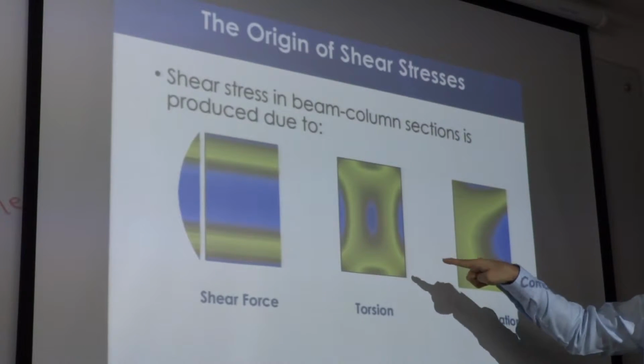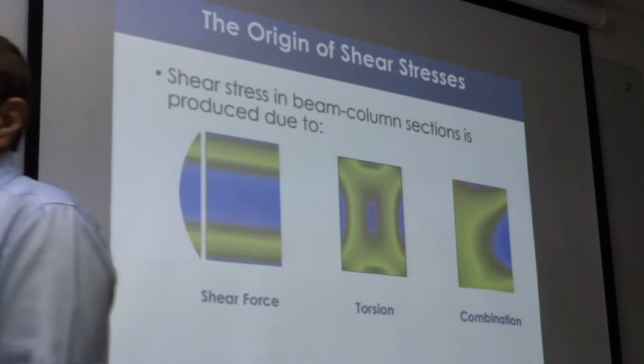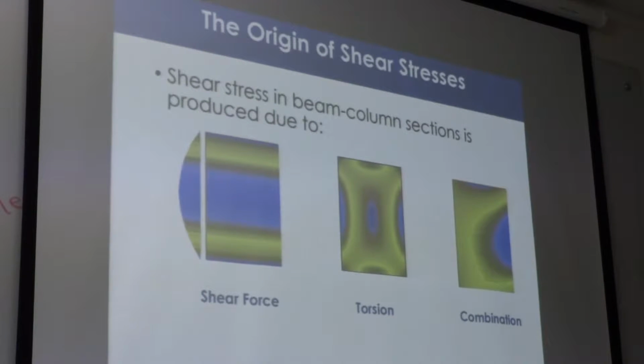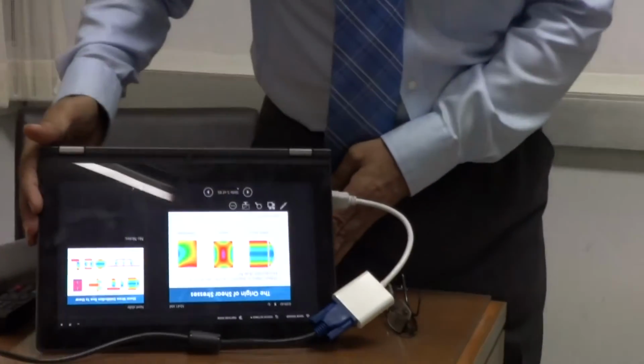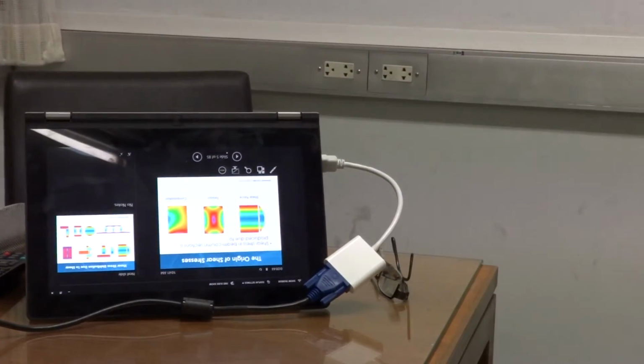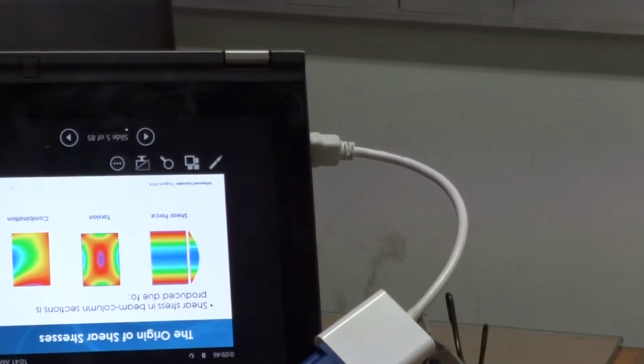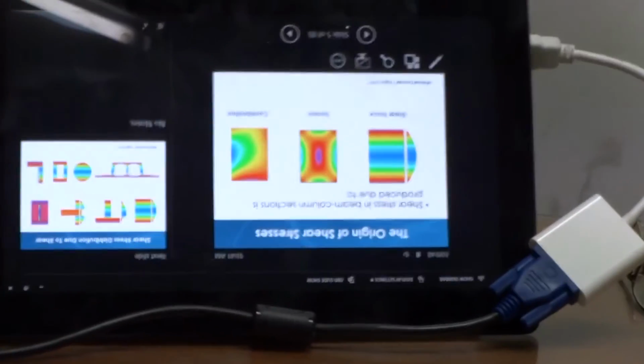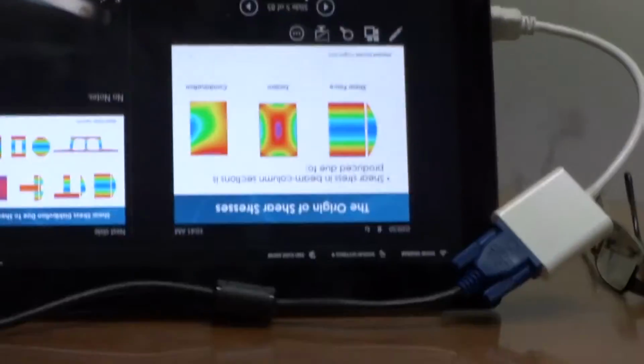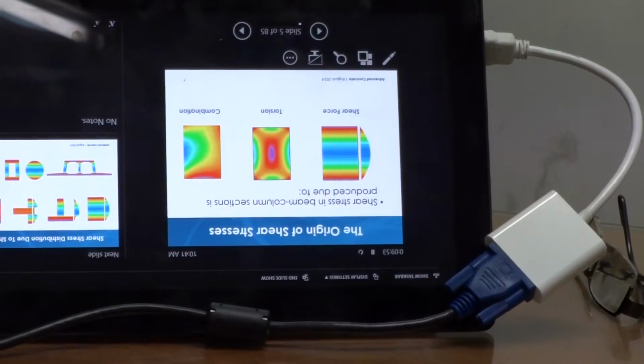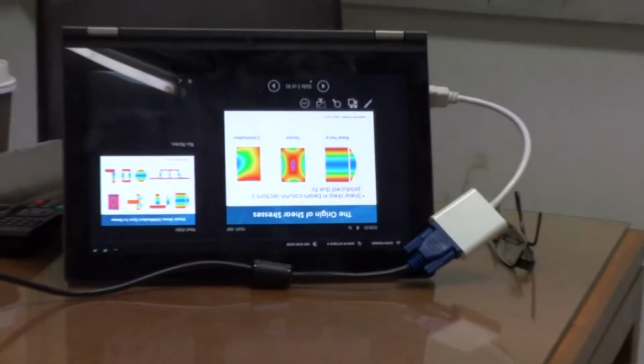Actually, unfortunately, you cannot see the colors clearly. Maybe if I do it like this, you can get some idea how the colors look, right? So basically, there is a variation of the stresses. Now this is where things get a little bit interesting. Torsion produces shear also on the plane, right?